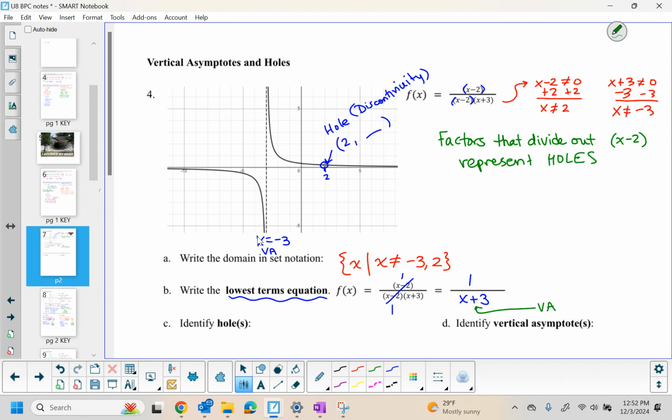And then in the LT equation, which is the lowest terms equation, factors in the denominator represent vertical asymptotes.